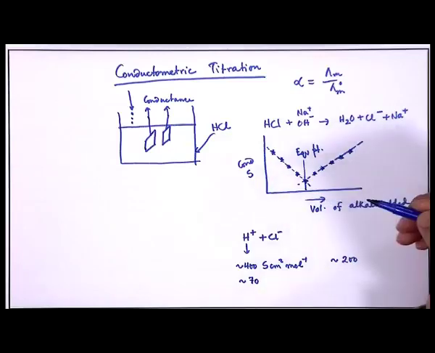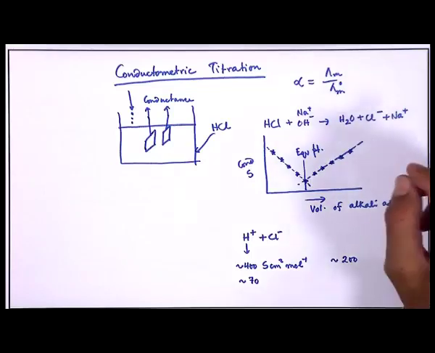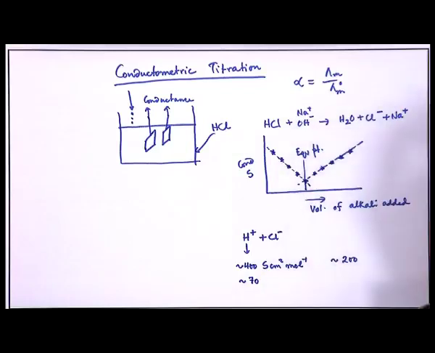You can do similar experiments, like a precipitation titration. Precipitation titration means, say for example, AgNO3 plus KCl, so AgCl precipitate will be formed.